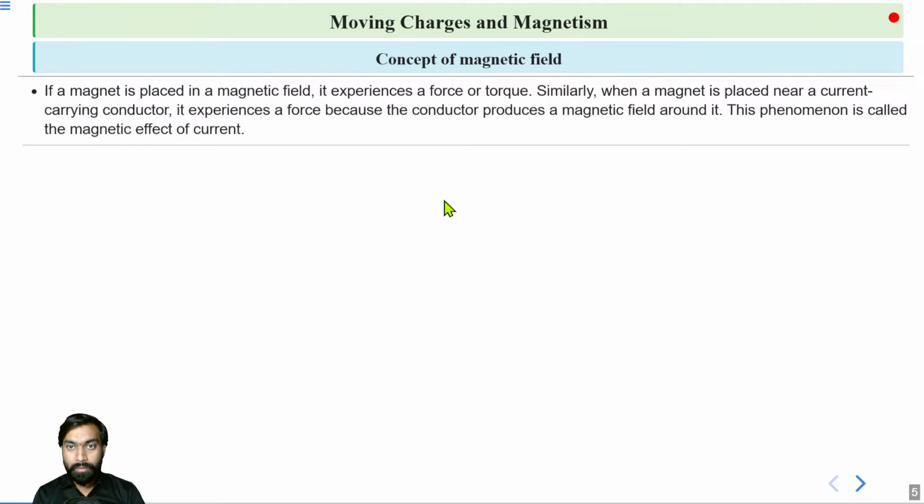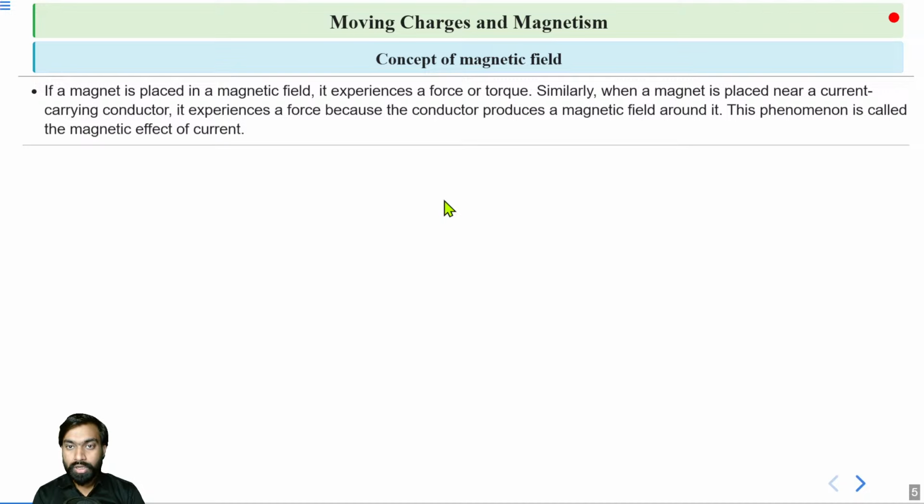Now if you bring a magnet close to a wire that has electric current flowing through it, the magnet feels a force too. Why? Because the current in the wire creates its own magnetic field around the wire.